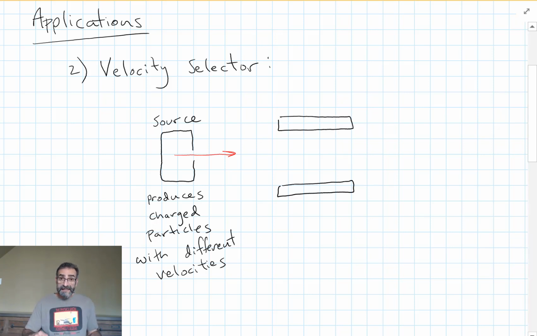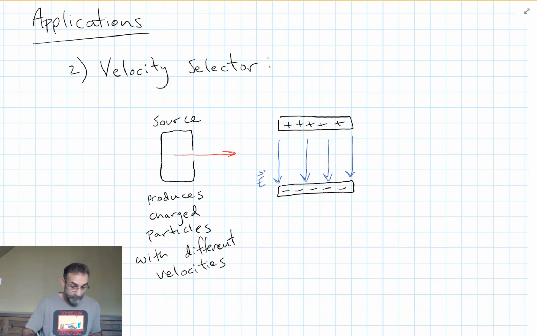So we create an electric field in this region of space. And I'm going to make my electric field point down like this towards the bottom of the page. So if our charged particle is positive, it would feel a force from our electric field, and it would want to go in that direction.